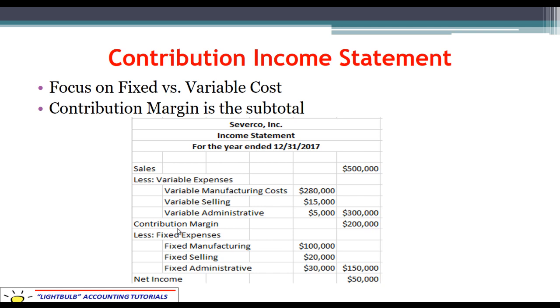These fixed expenses include our fixed manufacturing, which would generally be the fixed manufacturing overhead, and then fixed selling and fixed administrative costs. Notice the end result is going to be the same. We still have net income of $50,000. It's just a question of how we categorize it.